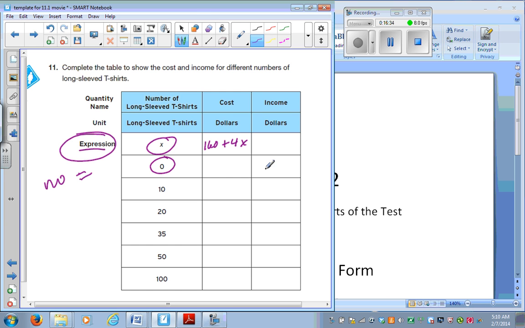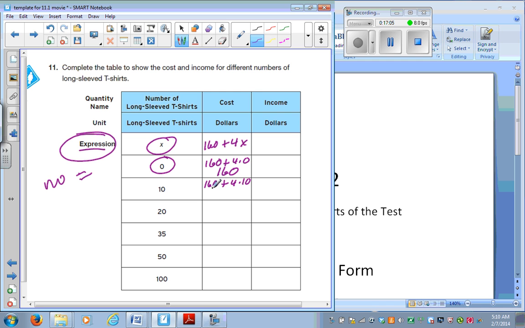How much is it going to cost us to buy no t-shirts if we're looking at cost? Well, regardless, it's going to cost $160 no matter how many t-shirts you buy, plus $4 times 0, because it would be $4 times no t-shirts. So 160 plus 0 is just $160. If we buy 10 t-shirts, it's still going to cost us that $160 setup fee plus $4 times 10 t-shirts.